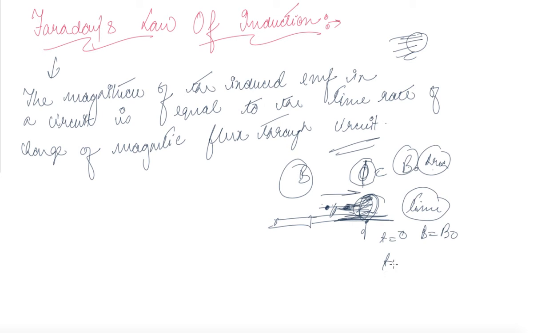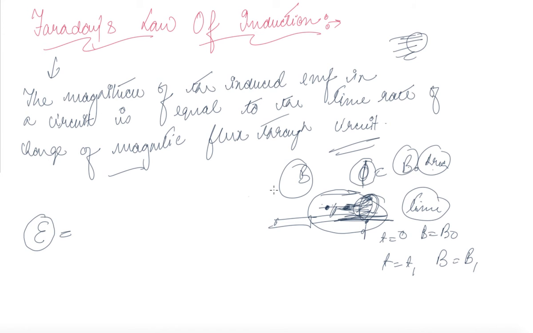At time t equals t1, I have my magnetic field to be B1. So there's a change in magnetic field with respect to change in time. And if this particular situation occurs, according to Faraday, then an EMF is induced. That is a voltage, an electromotive force, that is known as EMF.